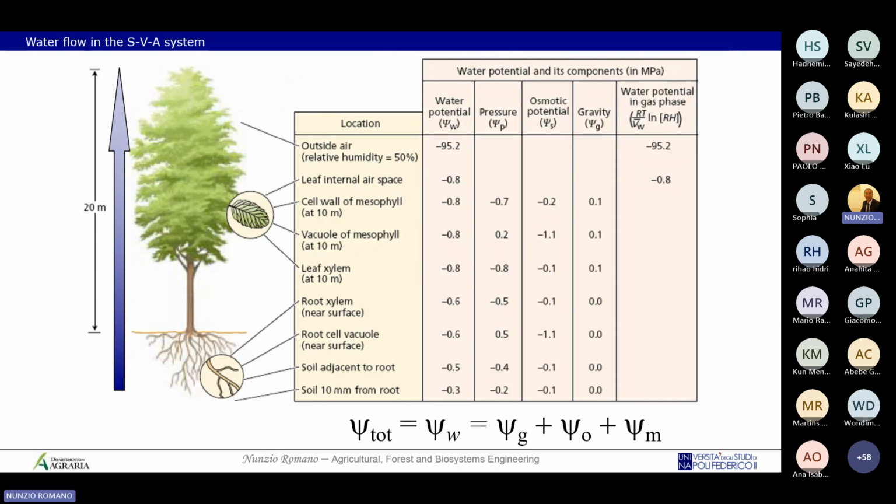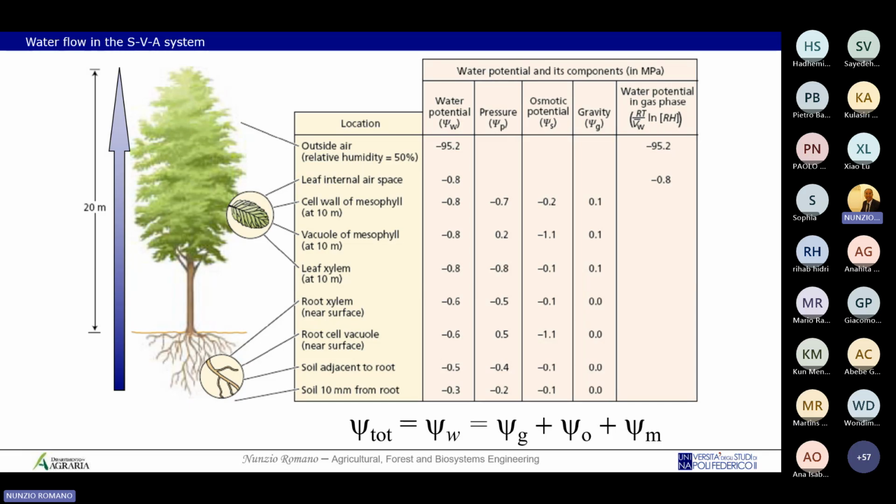And again, for example, this is an exercise, I remind you, a sort of a sum-up of our lecture: the total water potential, you have the gravitational potential, you have the osmotic potential, you have the matrix pressure potential, and then in this tree you can see the split of the different components of the total water potential among the pressure potential, osmotic potential, and gravitational potential.